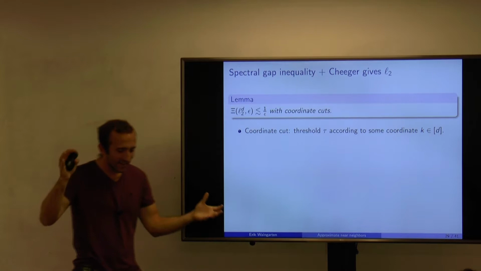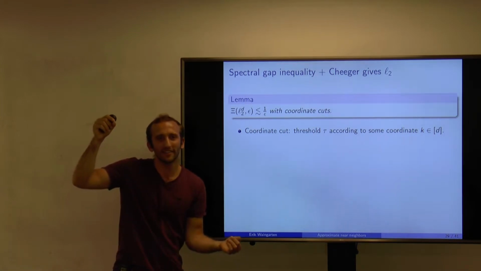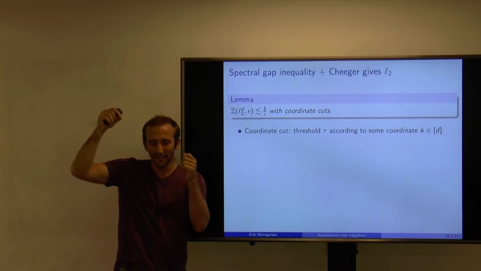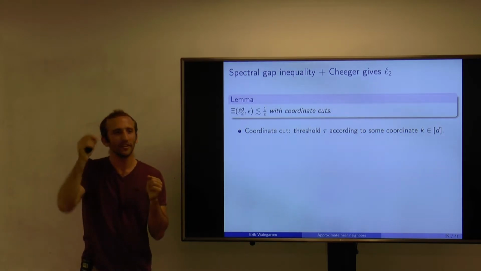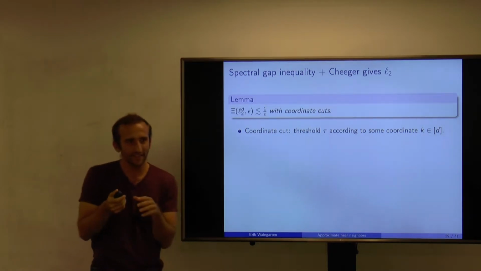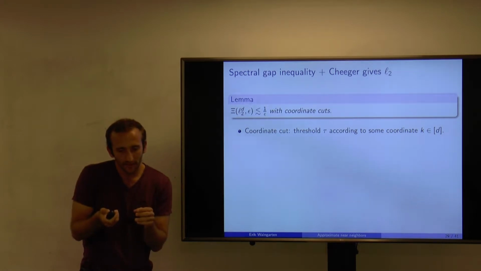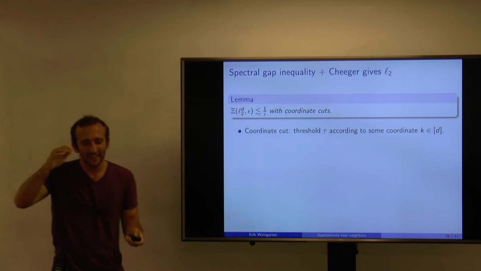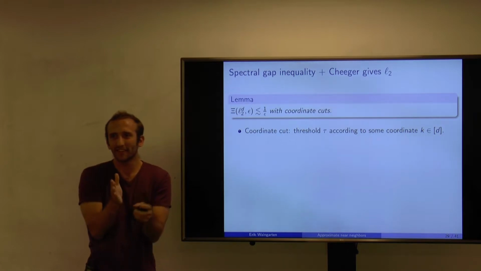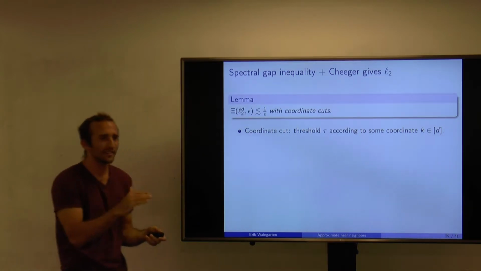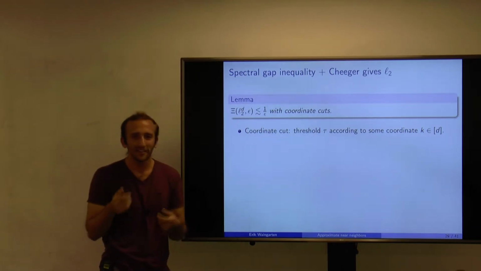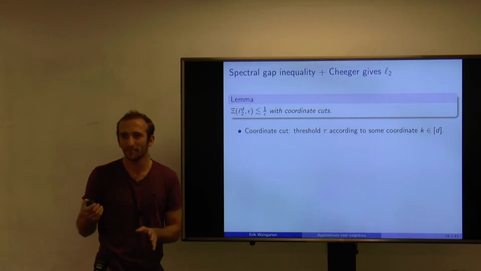If I look at a graph where I consider points which are close in L2, so points which are in L2 distance at most one connected, and this graph has no dense balls, then there exists a coordinate such that if I take all the points in my graph for which that coordinate has value less than tau or greater than tau, then one such cut is actually going to be sparse.